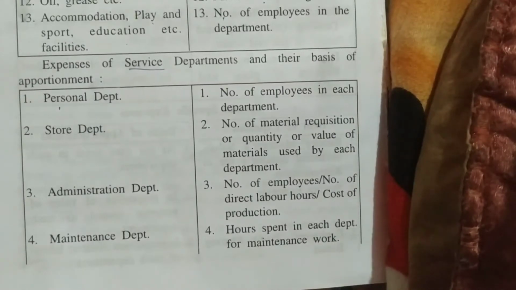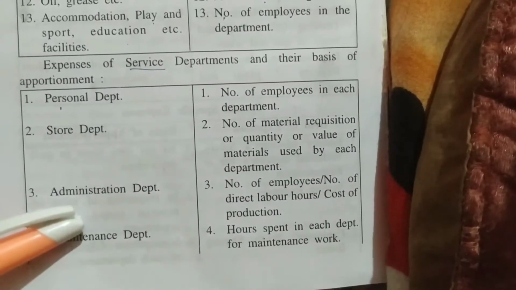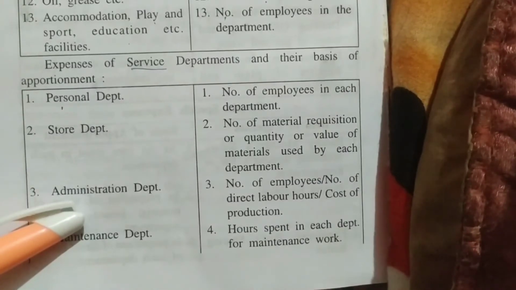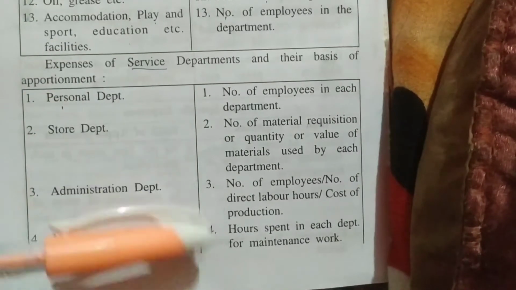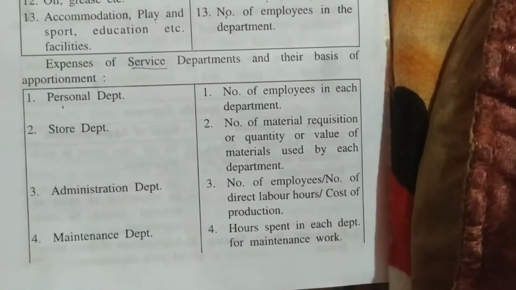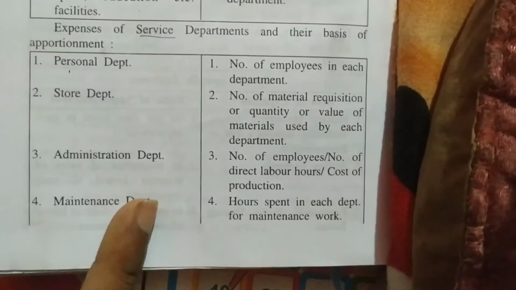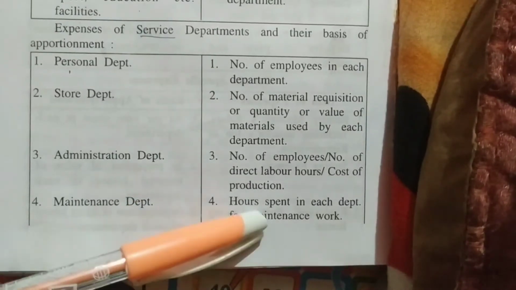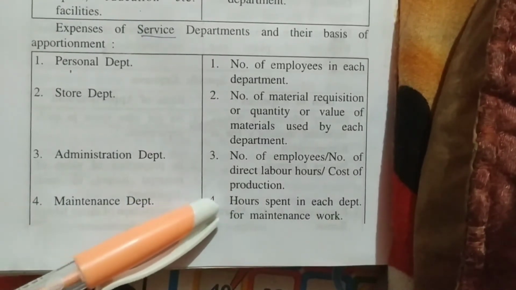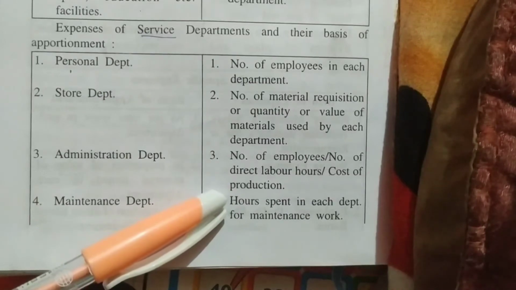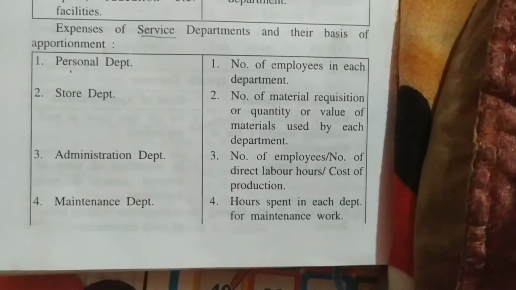Then administrative department: the expense of the administration department to the service departments in the ratio of number of employees, number of direct labors, cost and cost of production. Then maintenance department: the expense of the maintenance department to the other departments is spent in each department for maintenance of work.